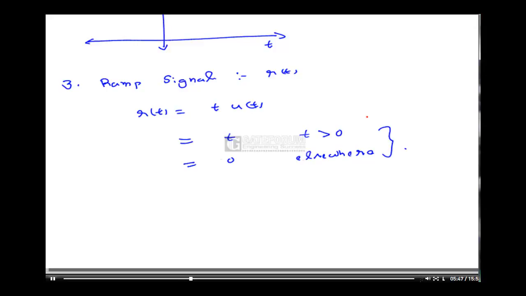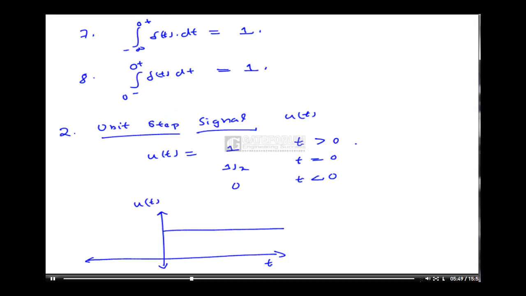Okay. If we look at u t once again, at t equal to 0, it is considered as 1 in most of the practical problems. In the problems, whenever it comes, we have to treat u t equal to 1 for t equal to 0. Remember this point. Don't put 1 by 2 for t equal to 0 unless otherwise stated.